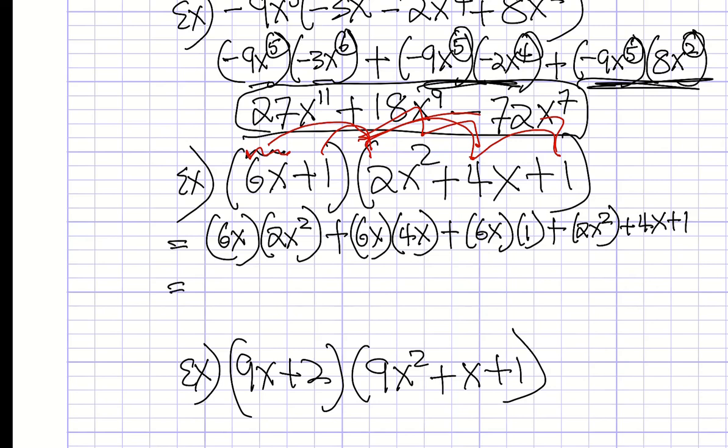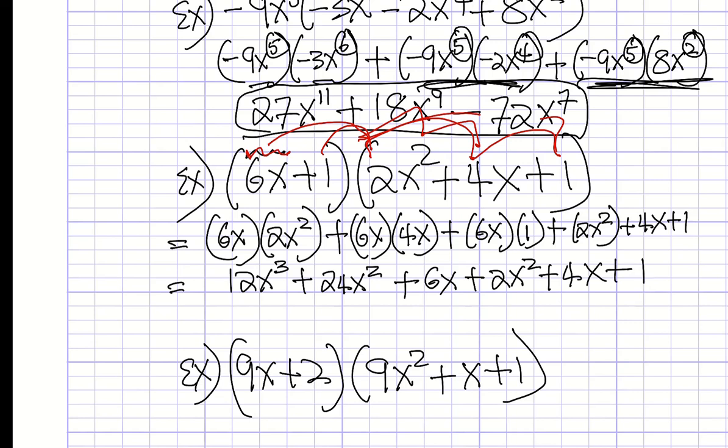What do you have? You have 12x raised to the power 3 plus 24x raised to the power 2 plus 6x plus 2x raised to the power 2 plus 4x plus 1. So when you're done multiplying, it's likely you will have like terms.